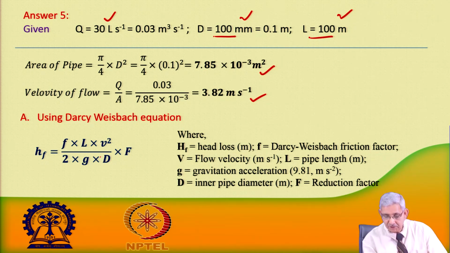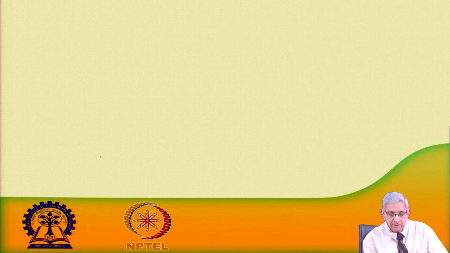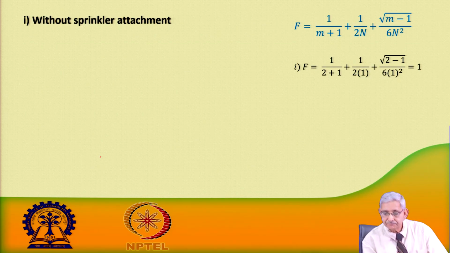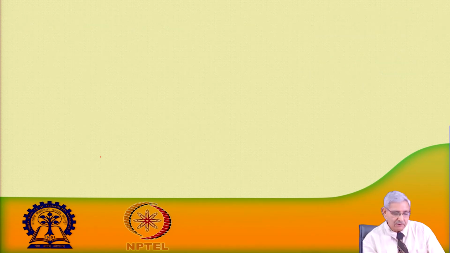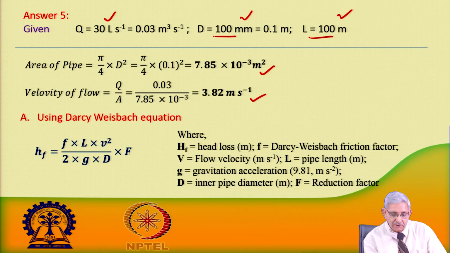If we are expressing all in meter, means L is in meter, this is also in meter. But when without having any sprinkler attachment, it is a blank pipeline. So, a reduction factor formula is used here in this equation. This is the reduction factor formula used to get the reduction factor value.